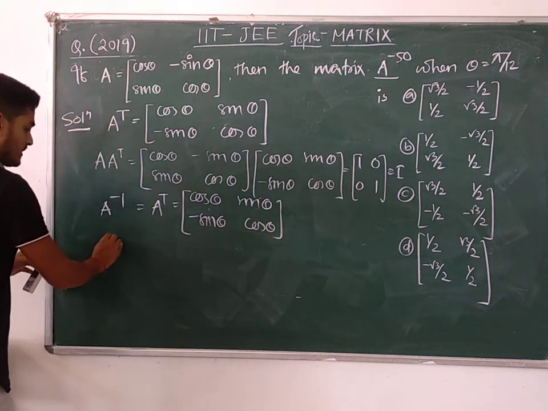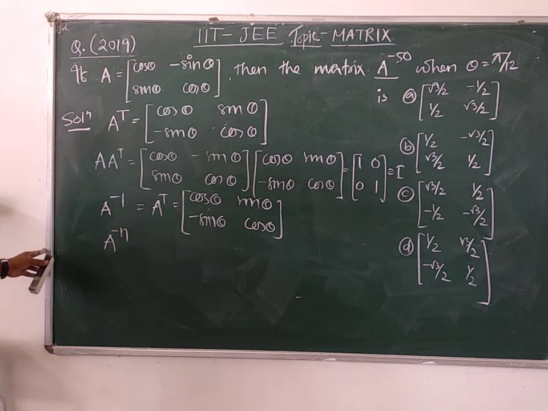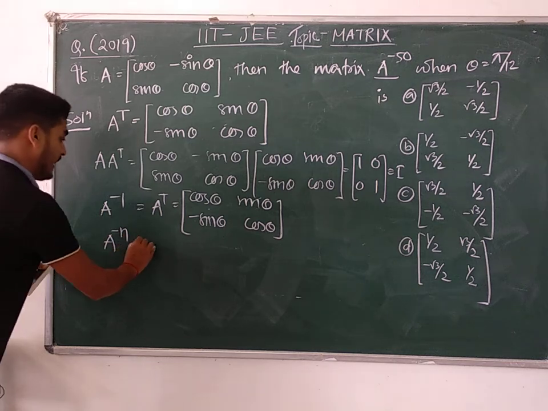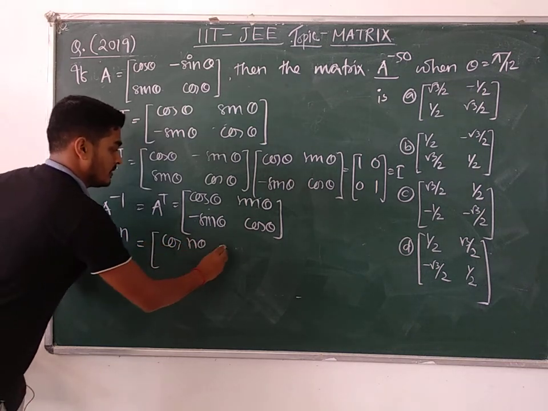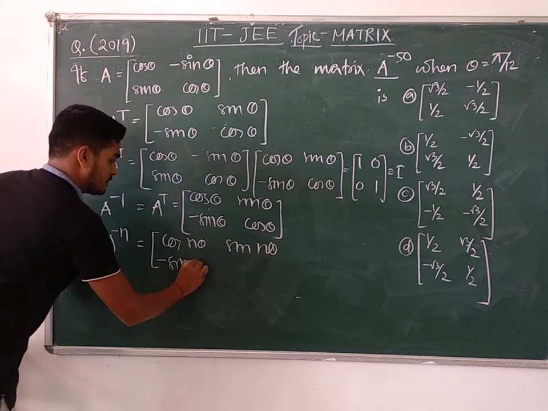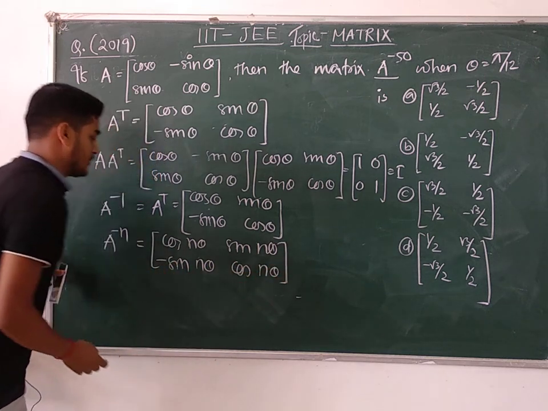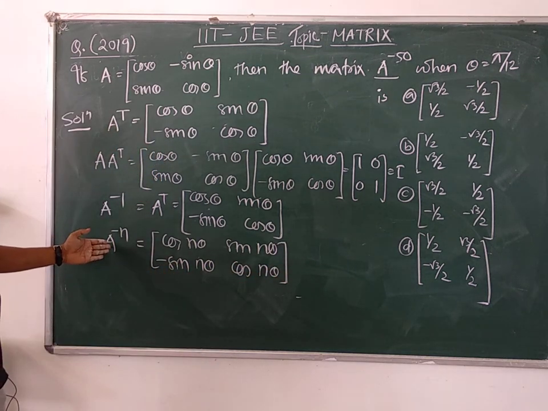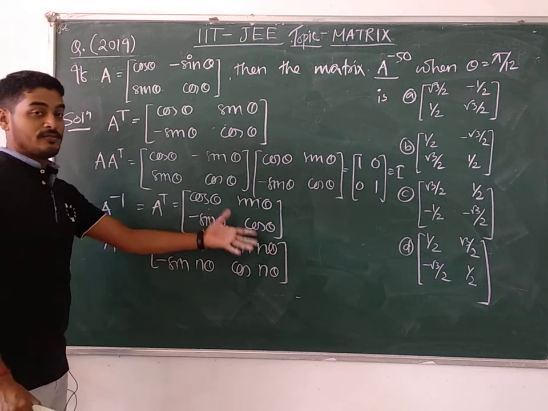So obviously one specific formula is there. A inverse whole to the power n is nothing but cos n theta, sin n theta, minus sin n theta, and cos n theta. This is the expression. Whatever may be the power, A to the power minus 1 whole to the power 5, then it will be 5 theta, 5 theta, 5 theta, 5 theta like that.